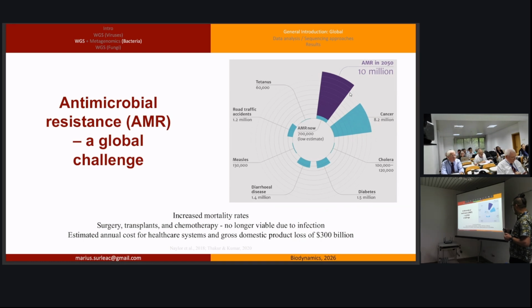Actually, the estimates tell us that in 2050, the mortality rates that come from pathogenic bacterial infections will overcome the numbers of cancer.